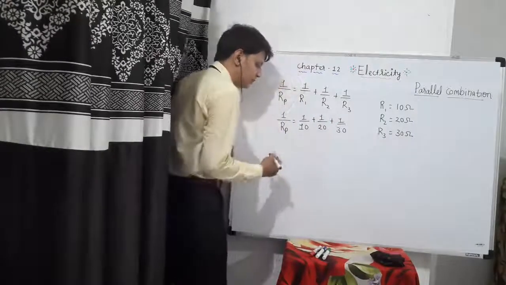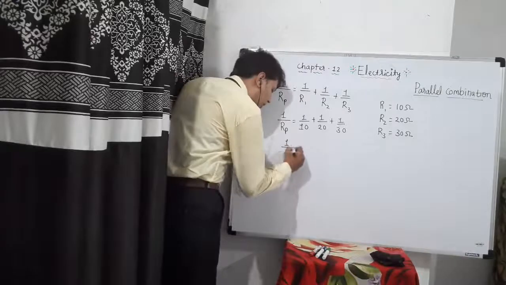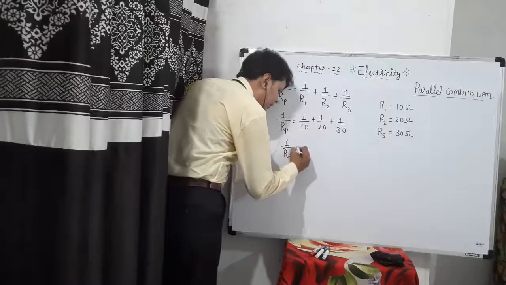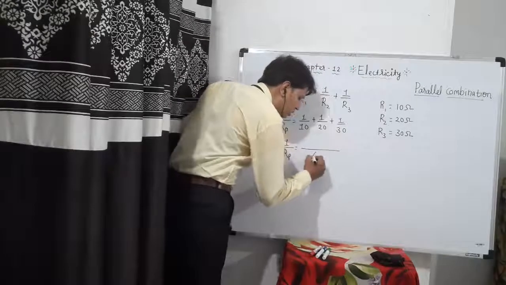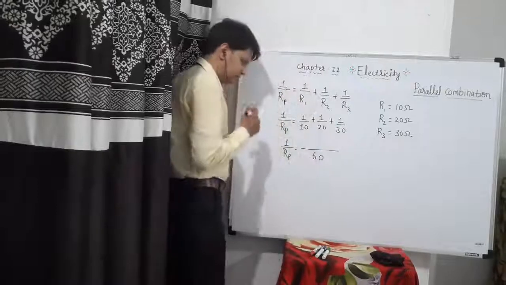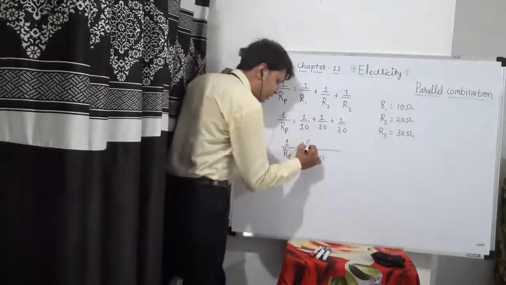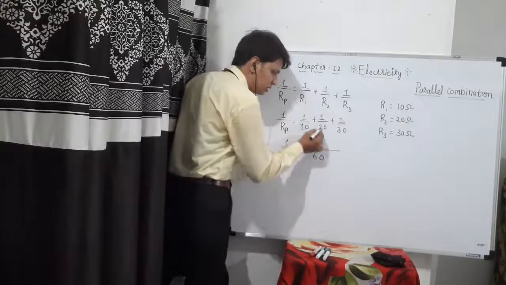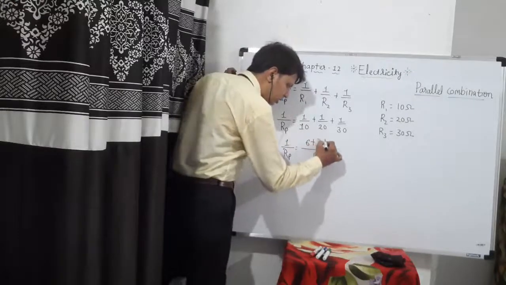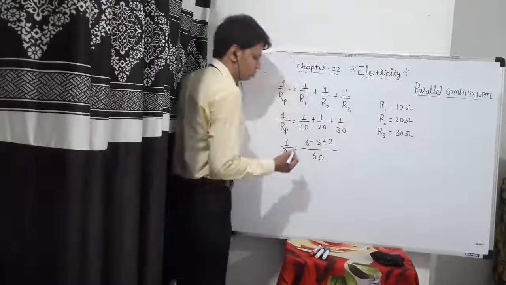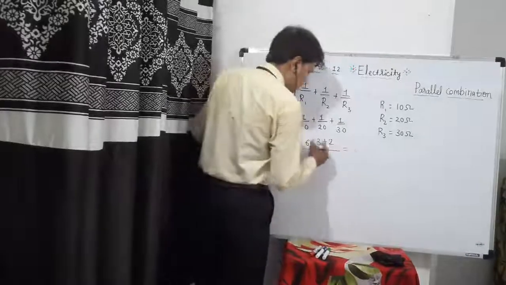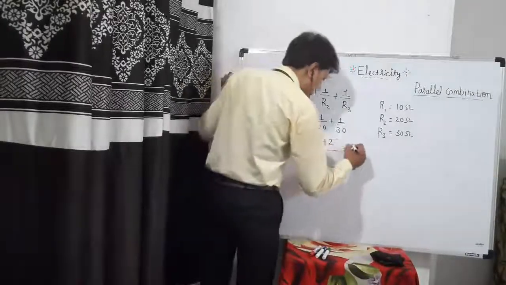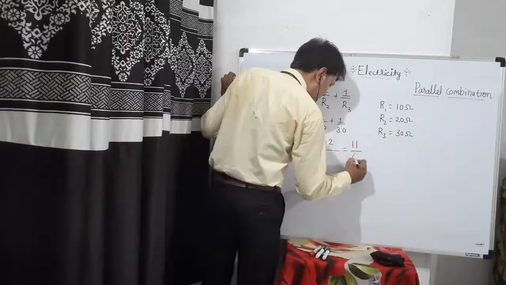The LCM will be 60, so 1 upon Rp will be equal to 60 in the denominator, 6 plus 3 plus 2, and the answer will be 11 upon 60.